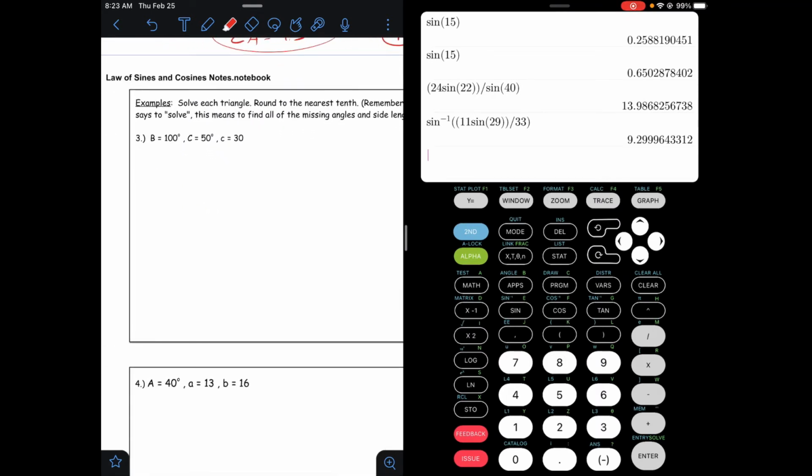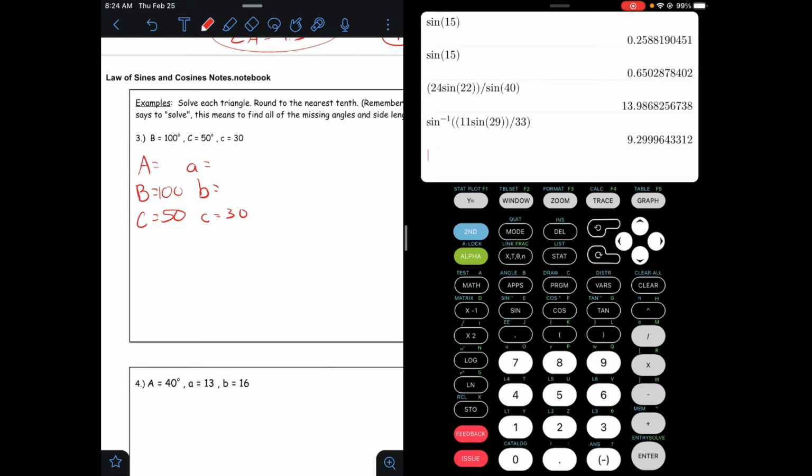We don't know angle A yet, and we don't know side A. So we'll have to leave those blank for the time being. We do know angle B. It's 100. We don't know side B, so we'll leave that blank. And we know that angle C is 50 and side C is 30.